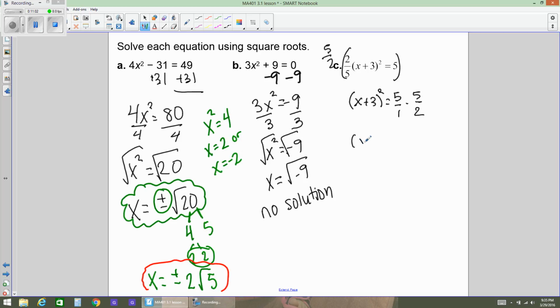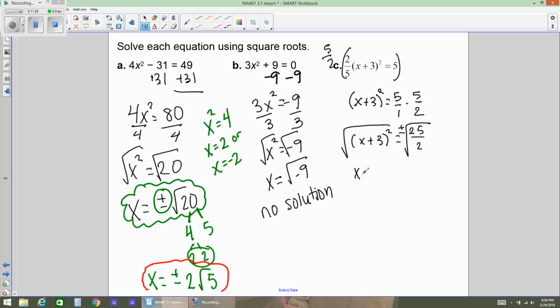Okay, so I have x plus 3 quantity squared equals 25/2. Now I can square root both sides. And I have to remember the plus or minus.